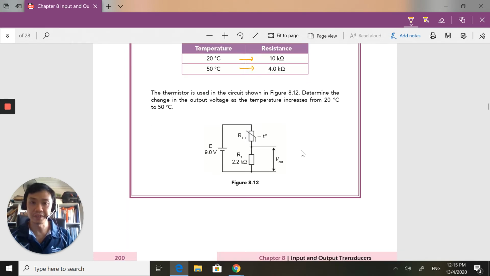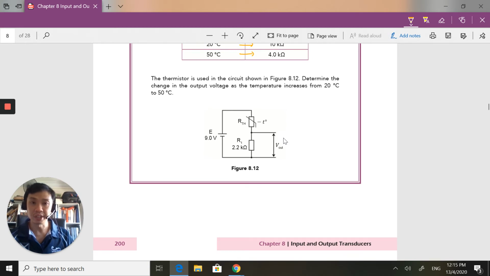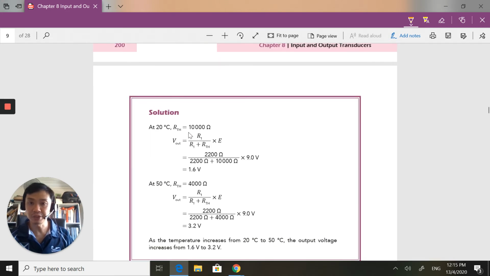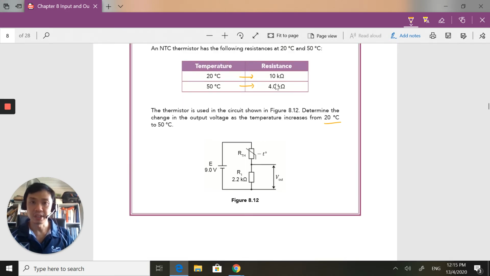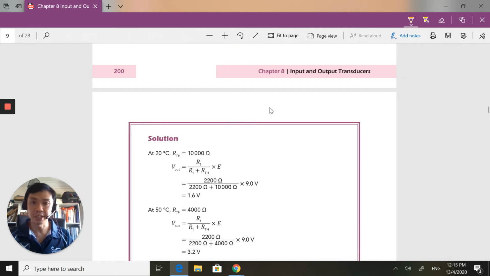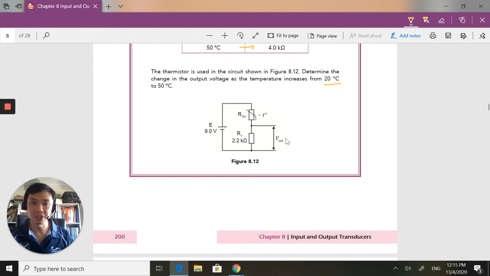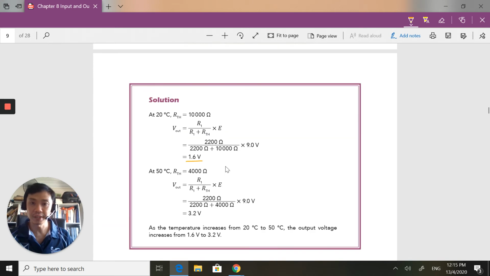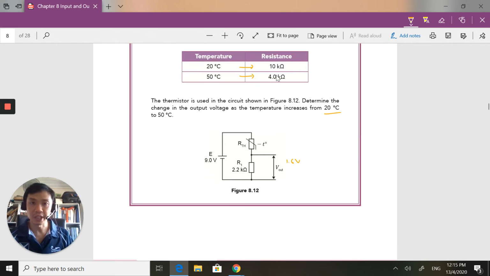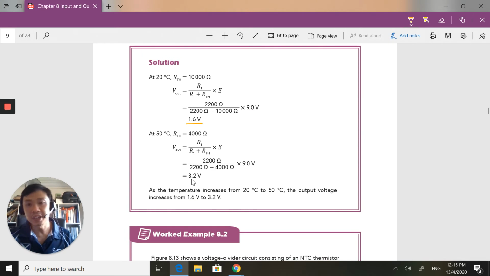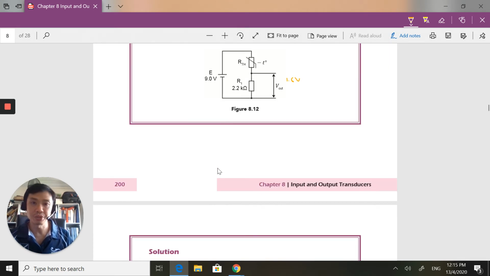So what I first have to do is to find out what is the V out when it is 20. At 20 degrees, it is at 10,000 ohms. I find that at 20 degrees, V out using the voltage divider method is 1.6 volts. And then at 50 degrees, thermistor resistance is 4,000 ohms, and I find that the V out is 3.2.